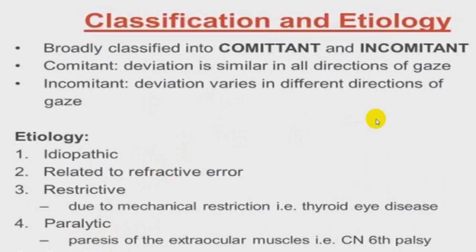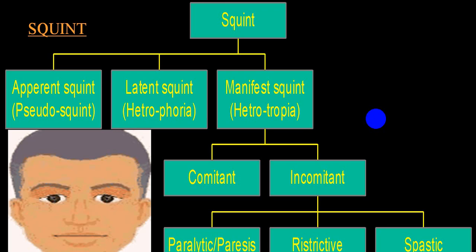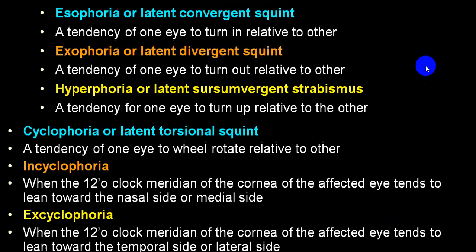These are some of the etiology and terminology you can utilize. So squint can be pseudo, latent we call it phoria, and manifest we call tropia. Tropia can be further divided into comitant and incomitant. And incomitant can be paralytic, restrictive, or spastic. These are the terms which are being utilized.